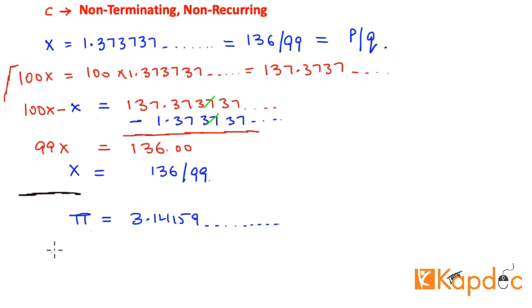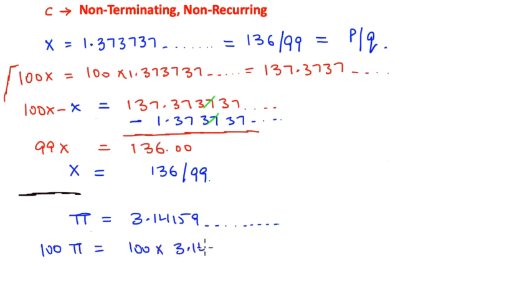Let's say I multiply this by 100 and I say that 100 pi is equal to 100 times 3.14159 and it goes on, right? Or you can say that with this multiplication by 100, it can be written as 314.159 and so on.